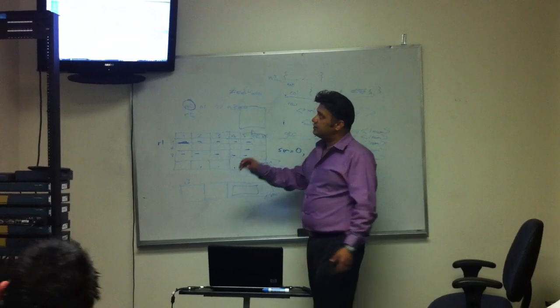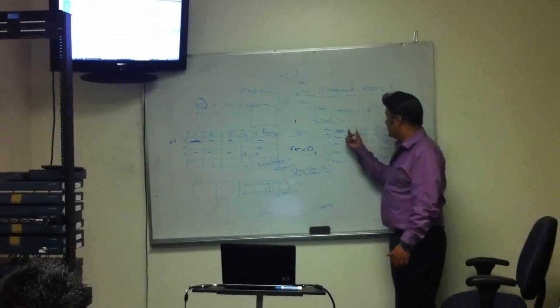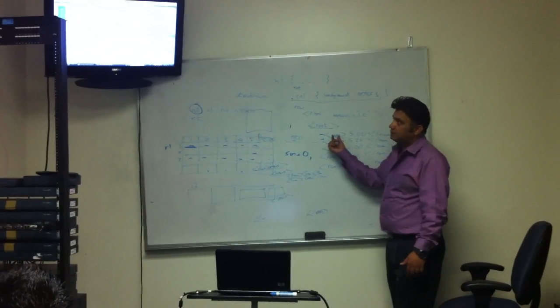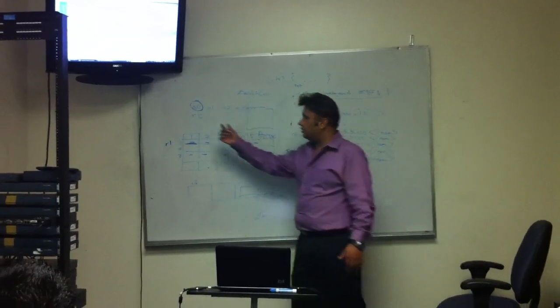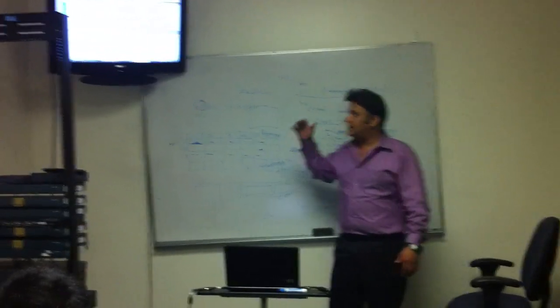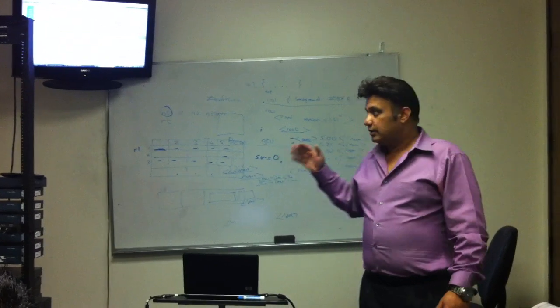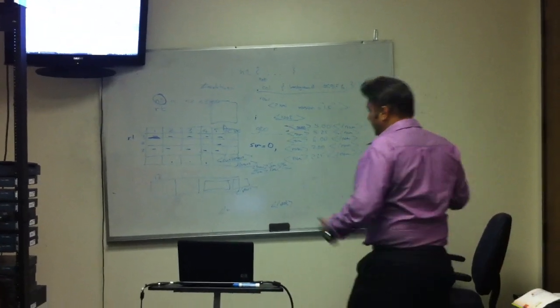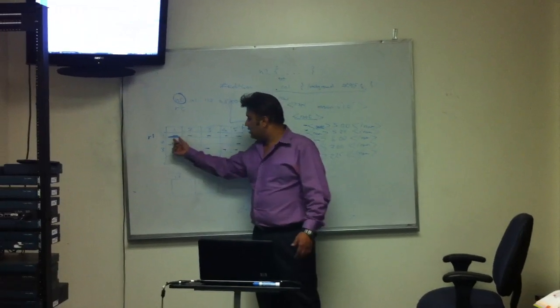Then I say nums equals XML dot get element by tag name num. Now again I start with for I equals 0, I less than nums dot length, I plus plus. Now then I want to add each of the sums.